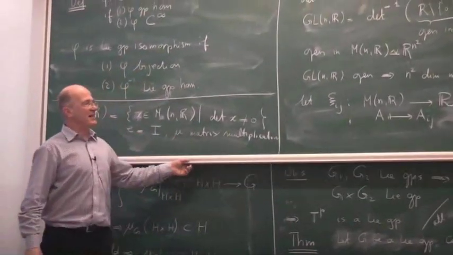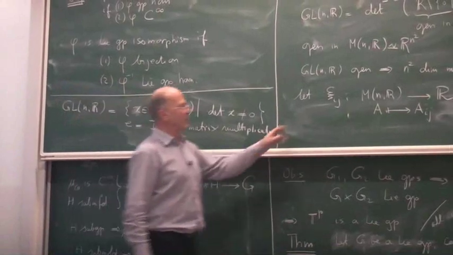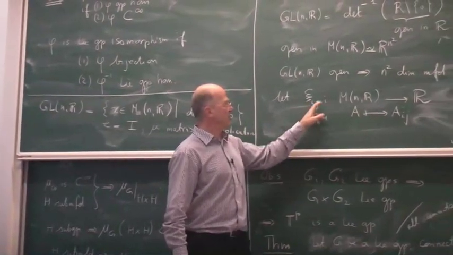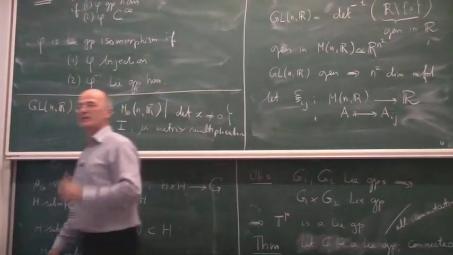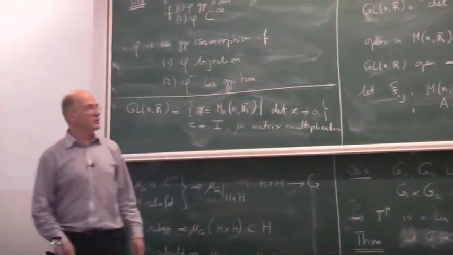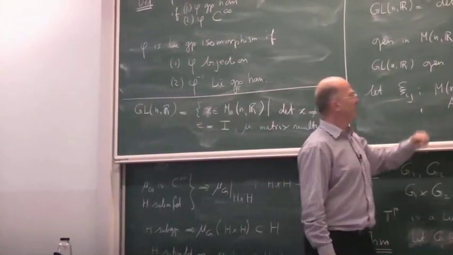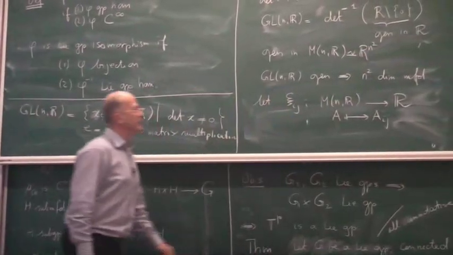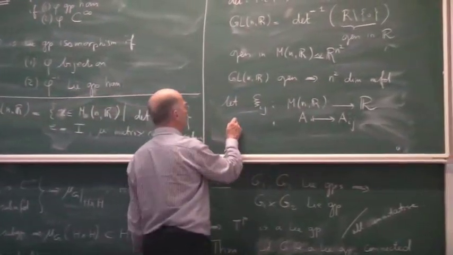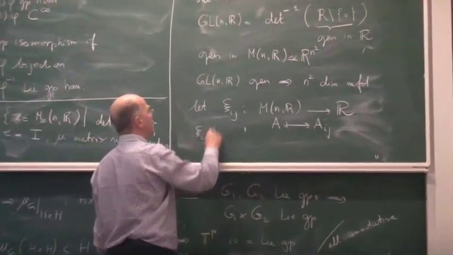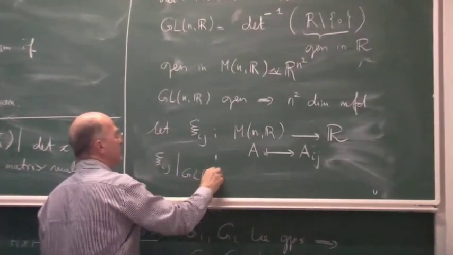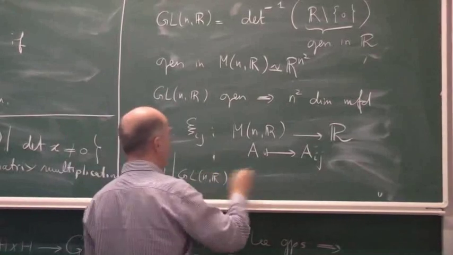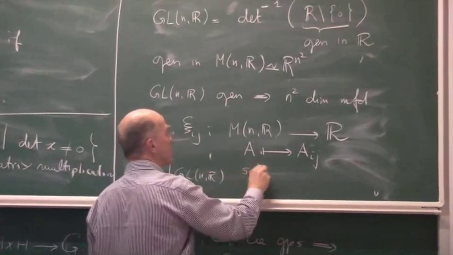Then this obviously is a set of linear coordinates. So in particular, this is a global coordinate chart for M_n(R), with values in R^(n squared), if you like. And if we restrict those to GL_n(R), then this is a set of global coordinates.